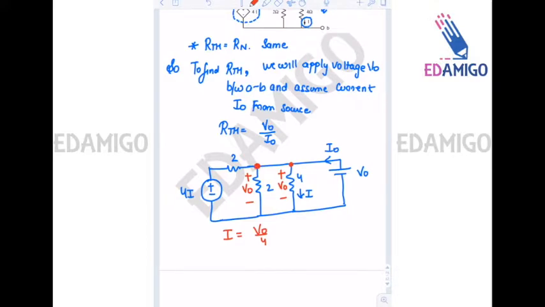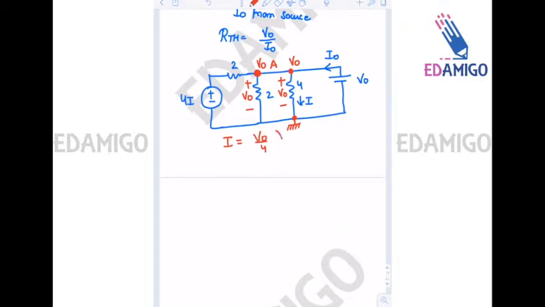Now assuming that this is grounded, this is also node A, this is also node A, both the nodes are at potential V0. Now in the circuit, KCL at node A. Incoming current is I0, so it is put with a minus sign.